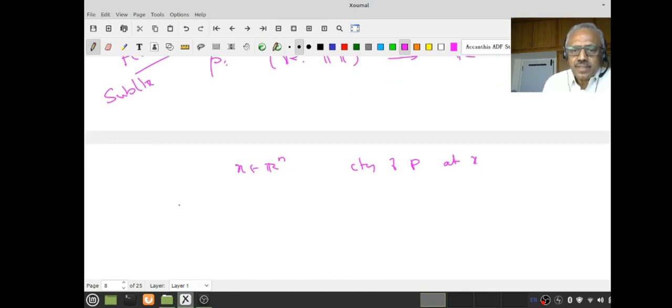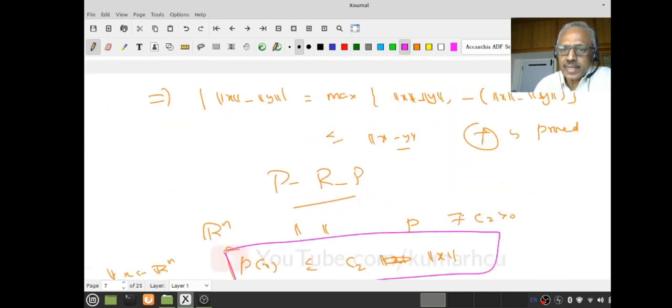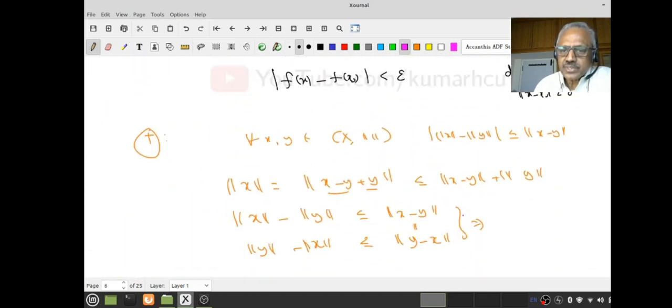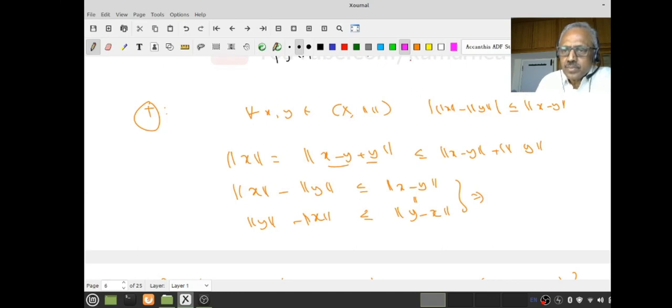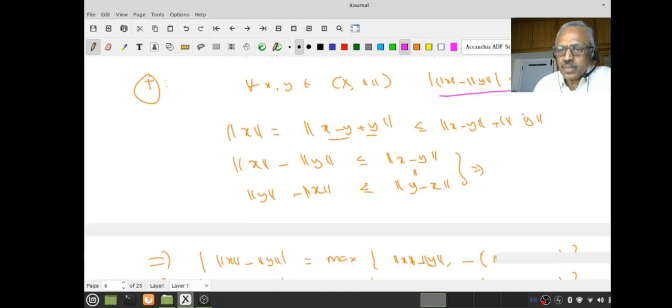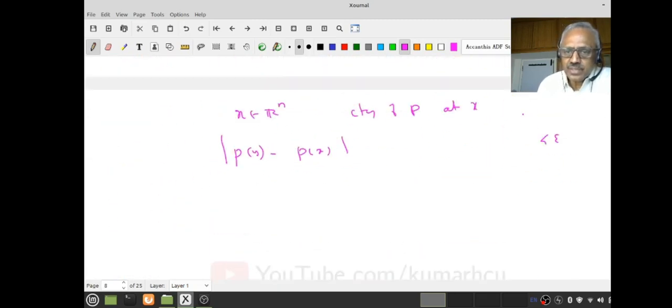What does that mean? That means you give me a y, then I would look at Py minus Px, and it's a real value, therefore the distance between them, I want to say, is less than epsilon. Right? But just now, for any norm we proved this result: modulus of norm x minus norm y is less than or equal to norm of x minus y. Now our norm is P, therefore this is less than or equal to P of y minus x.